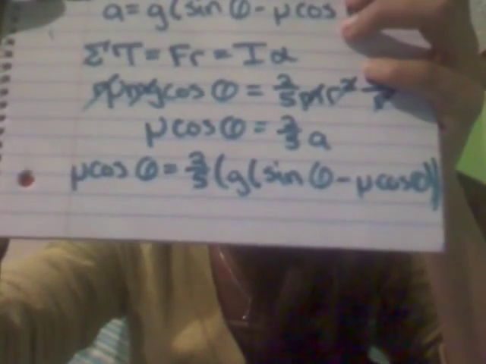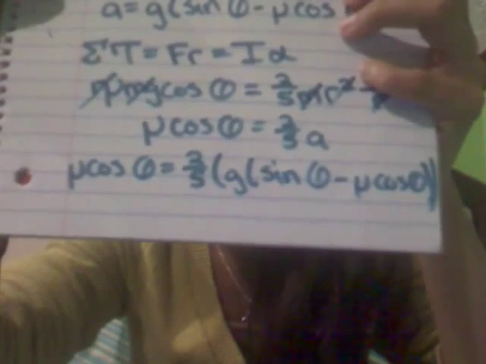Alright, so that's what we got when we substituted for a. So basically, now we're just going to go ahead and solve for mu.